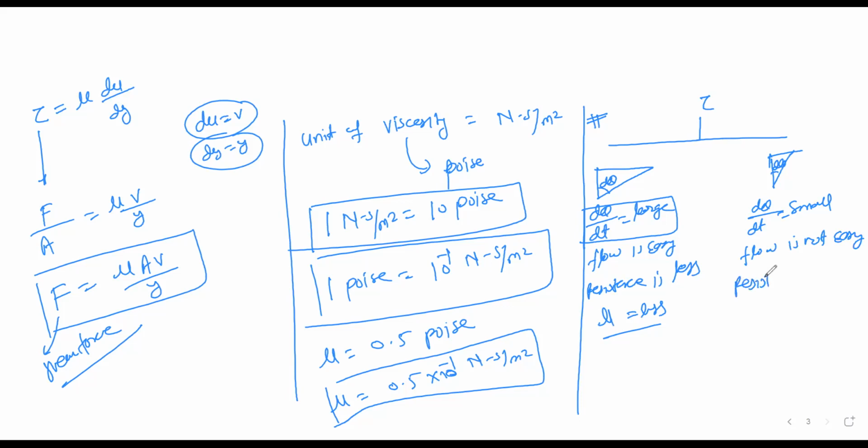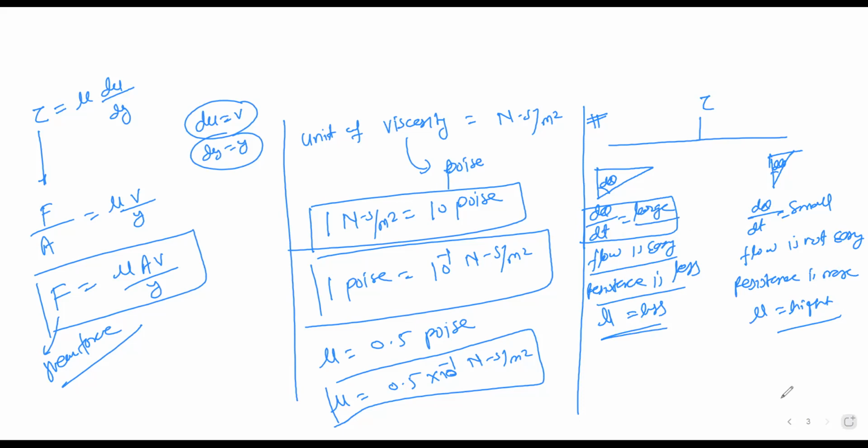It means the resistance is more and mu will be high, because mu is actually the resistance to the flow of a liquid. So remember that if d theta by dt, the rate of angular deformation, is large, the flow will be easy, or resistance is less, then mu is less.